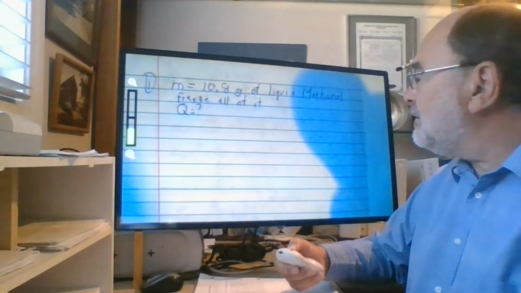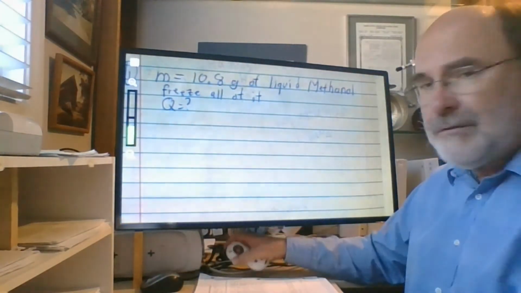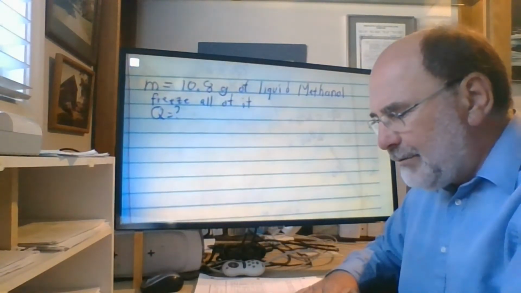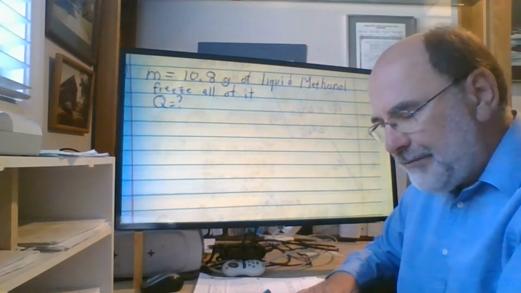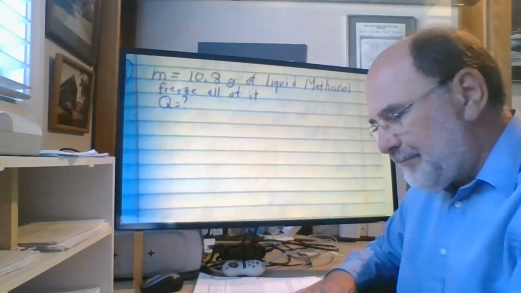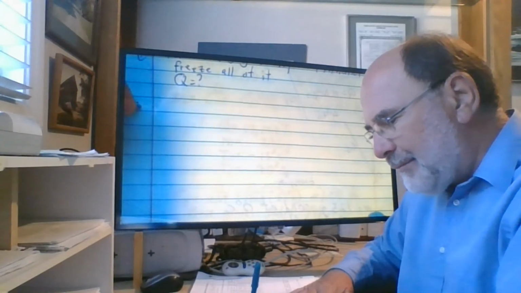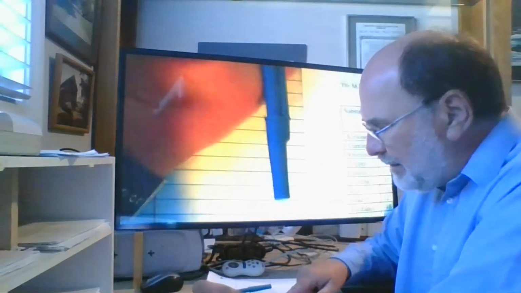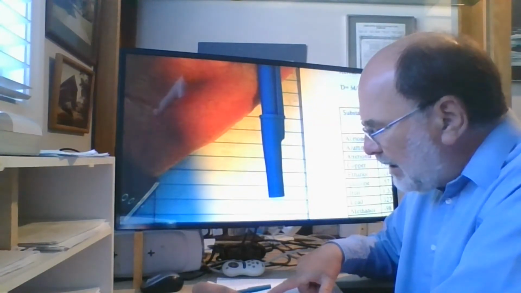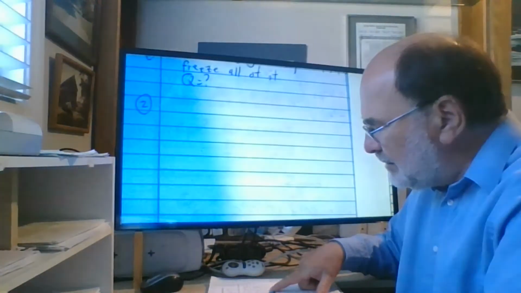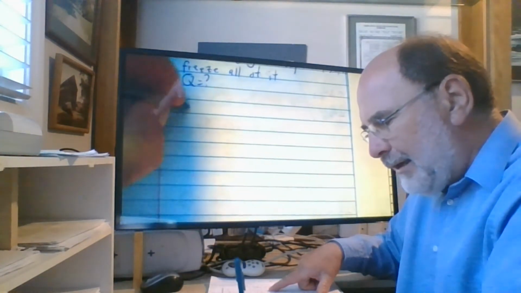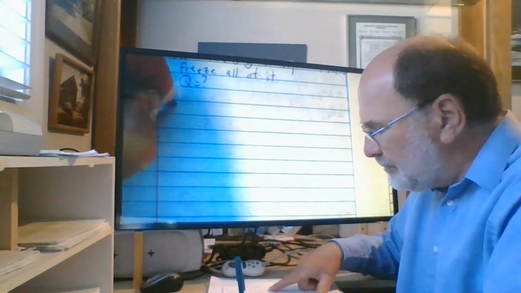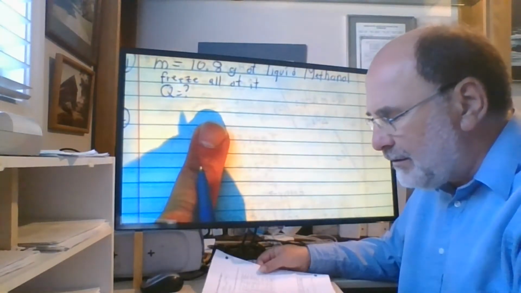And it seems like I could just zoom in a little bit more for you students. Okay, so I have 10.8 grams of liquid methanol. Calculate, please, how much heat energy I would have to remove in order to freeze all of it. All right, let's do another one. Practice problem 2. Just going up the list. I have iron, and by the way, if you don't have your reference table handy, I guess I should look it up for you.